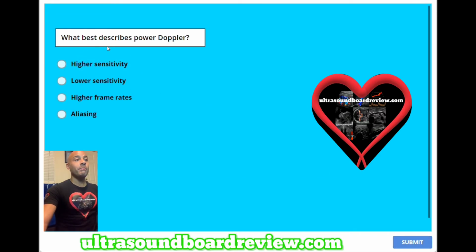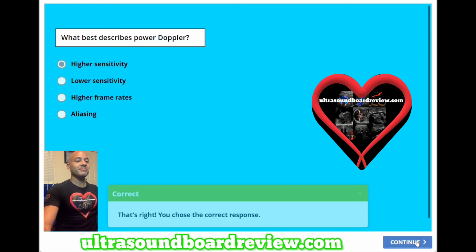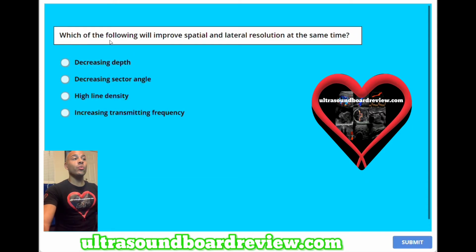Question 27. What best describes power Doppler? A, higher sensitivity, B, lower sensitivity, C, higher frame rates, or D, aliasing? The answer is A, higher sensitivity. Question 28. Which of the following will improve spatial and lateral resolution at the same time?